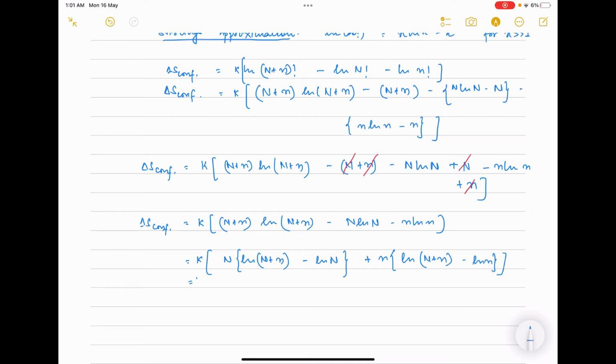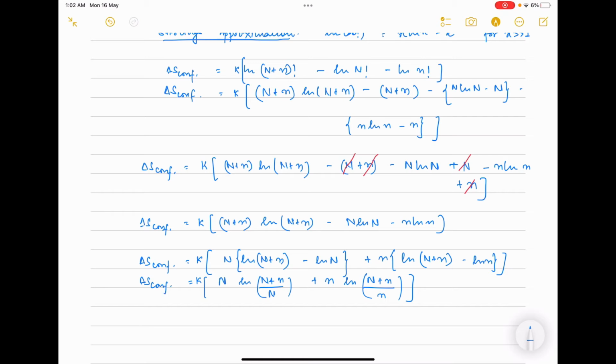So using the logarithmic rule, we get capital N times ln (N plus n) by N, plus small n ln (N plus n) by small n. This is what we end up having.